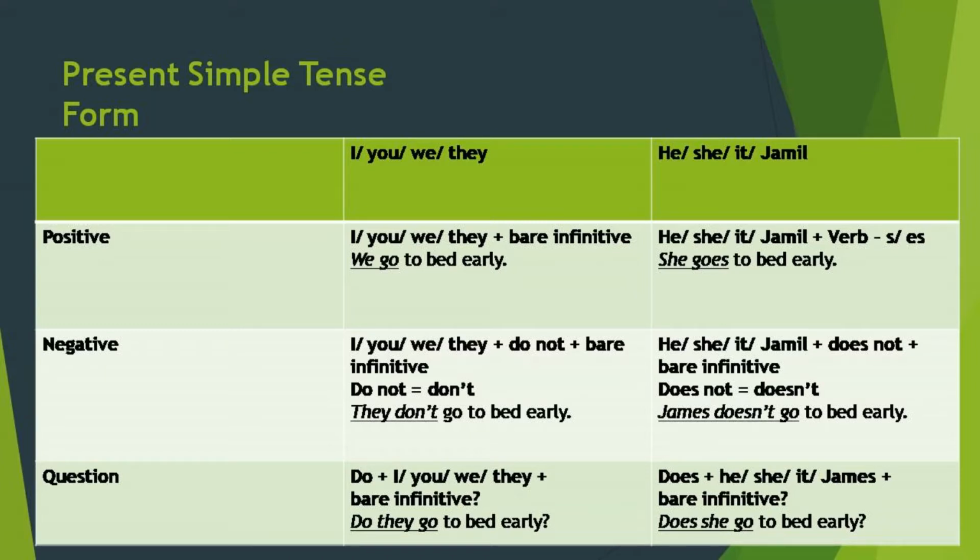If the main sentence was they go to bed early, we just have to bring do in front and make it: do they go to bed early? And if the subject is third person singular number: does she go to bed early? I know you all know it very well. We are just revising.